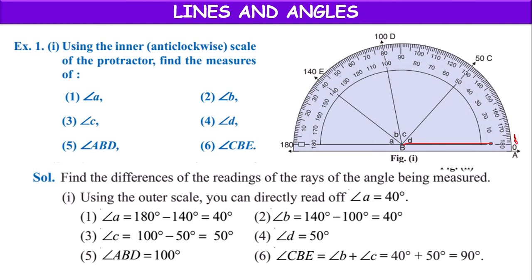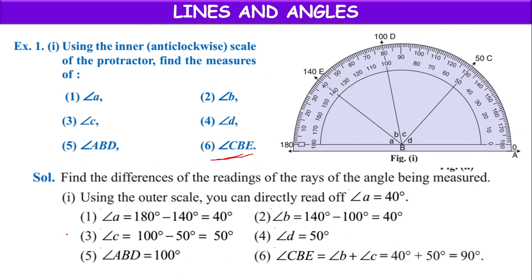This is point A, this is point B, this is point D. We have to find angle ABD. In the middle we have B. We have to find the angle formed at B, with one endpoint A and the other endpoint D. So what is this angle? Already we have calculated angle C and angle D. This is the sum of angle C plus D. C is 50, D is 50. Angle C plus D is 100 degrees. So ABD equals 100 degrees.